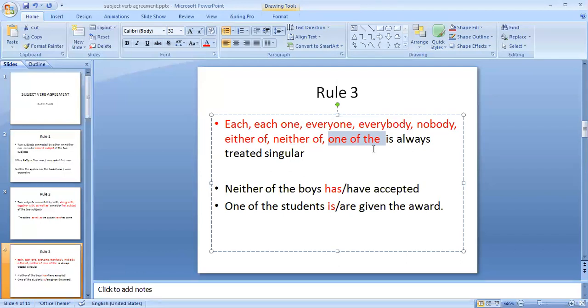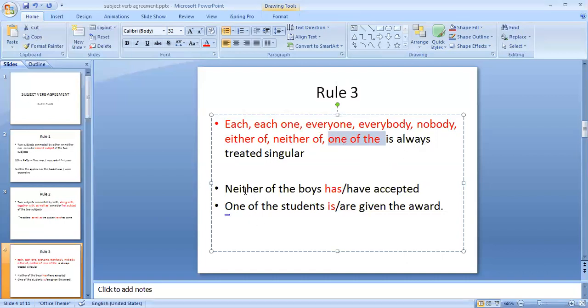For either or, neither nor, the case is different; there you give importance to the second subject, but here it is either of, neither of. When these terms act as subject, please always treat them as singular. So each one, everyone, everybody, no one, nobody, either of, neither of, one of the, all these are treated as singular.